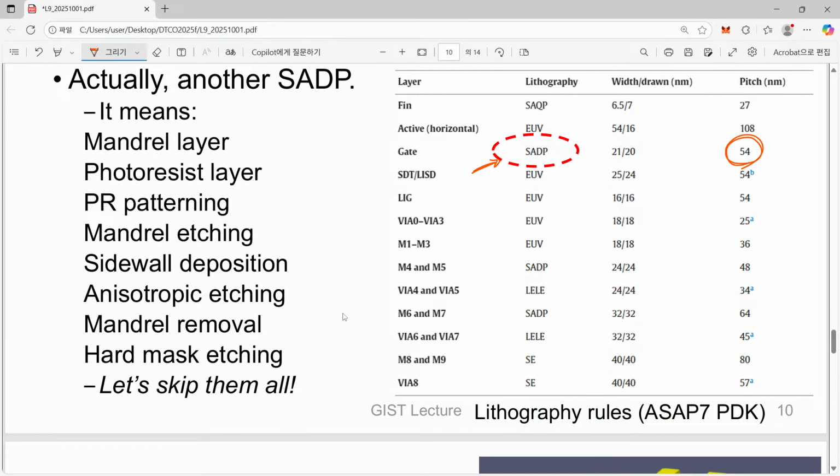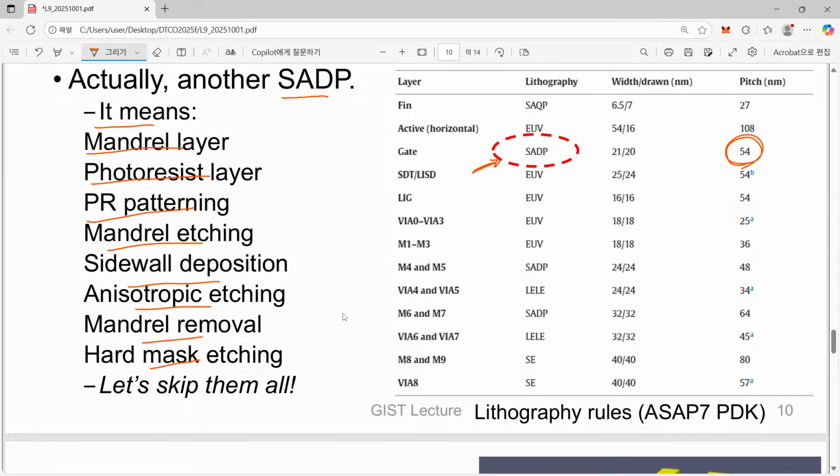If we have to perform another SADP, it means that we also have to introduce a mandrel layer, a photoresist layer, photoresist patterning, mandrel etching, sidewall deposition, anisotropic etching, mandrel removal, and hard mask etching.